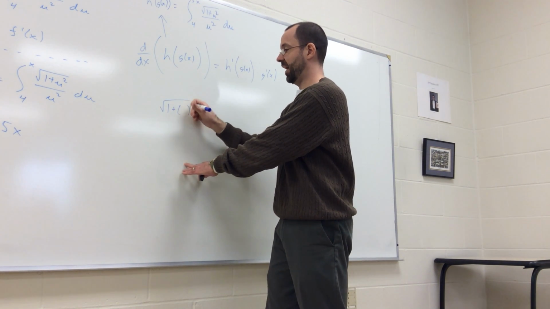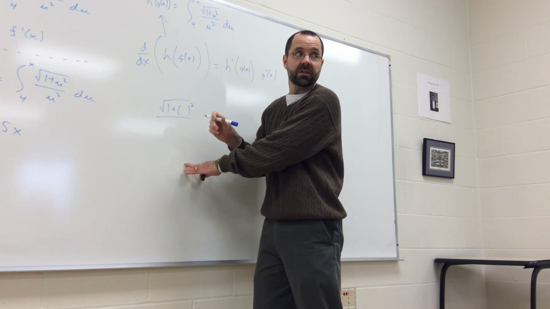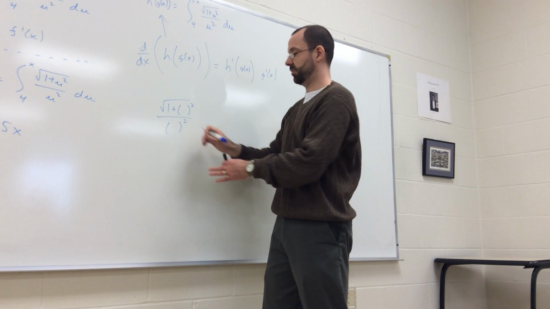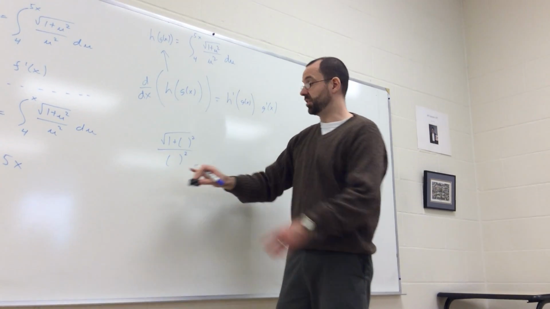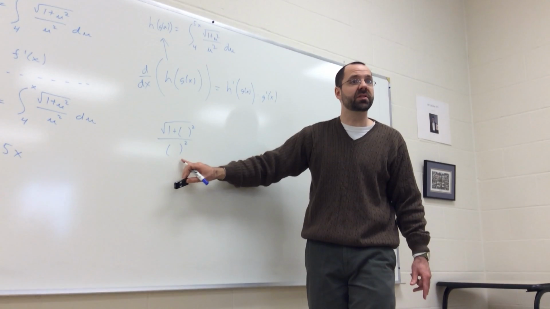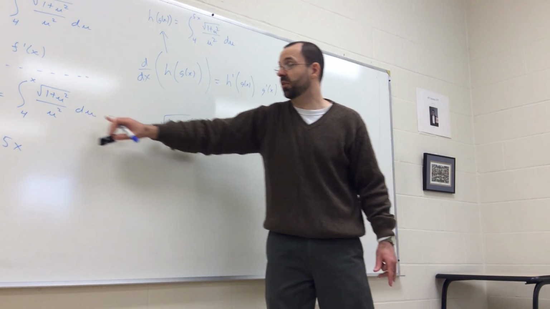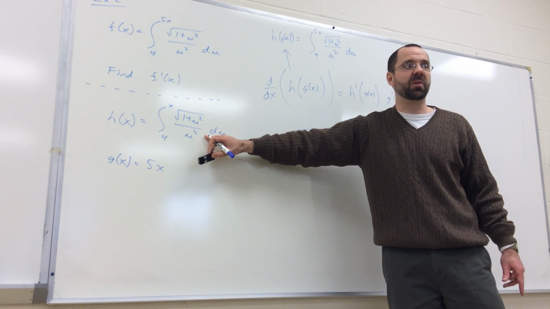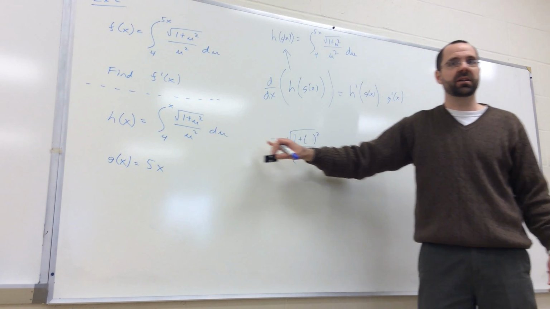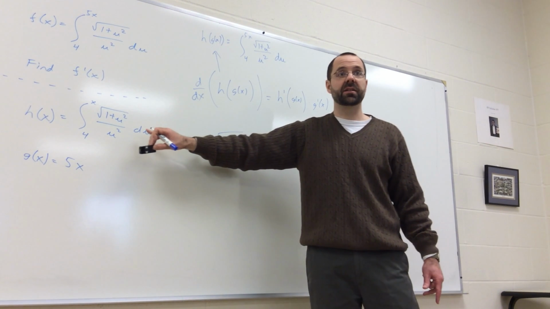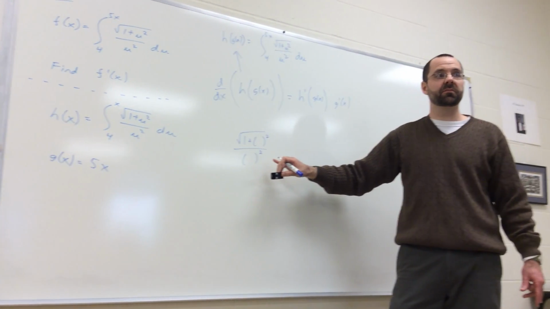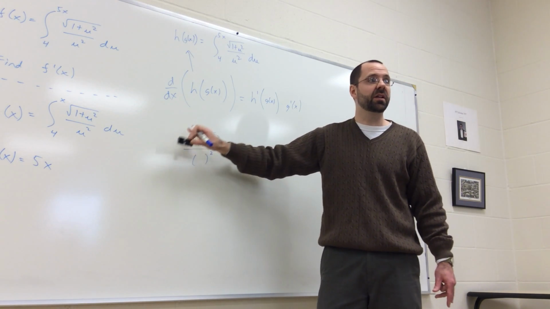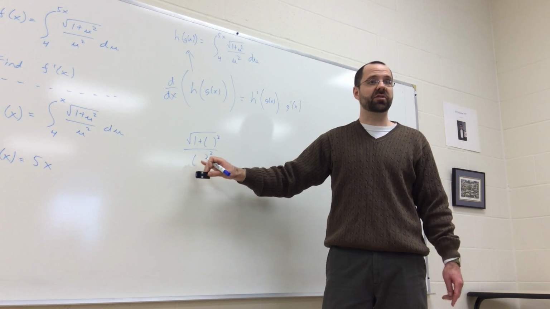Radical 1 plus blank squared over, yeah, keep going, Rebecca, you're doing good. Over blank squared, awesome. Is everybody okay with this being the derivative of that? That was the fundamental theorem, the new thing for today, right? Is everybody all right? Okay, so there's the derivative of the outside function. Now I need to plug the inside function into it.